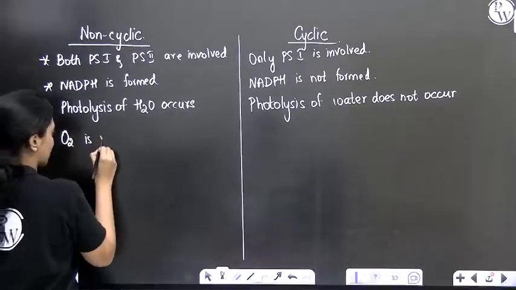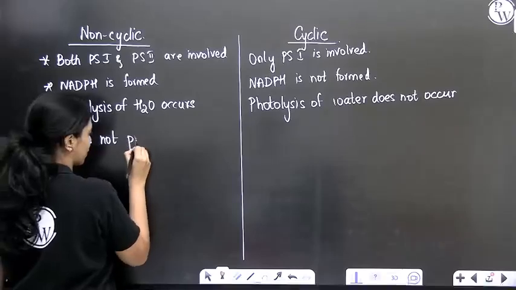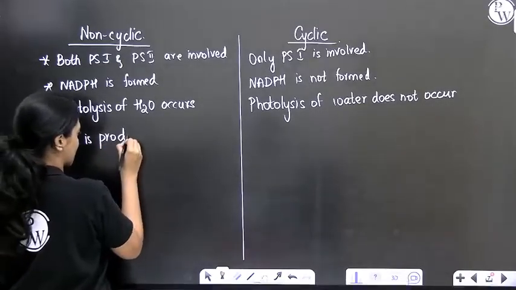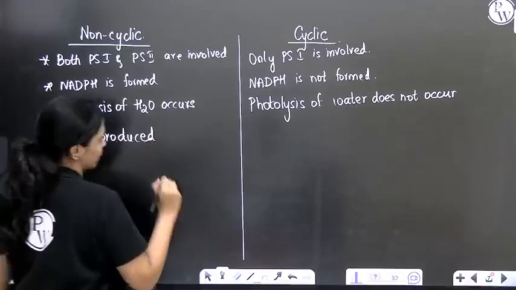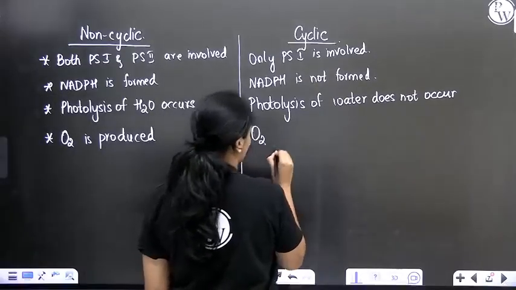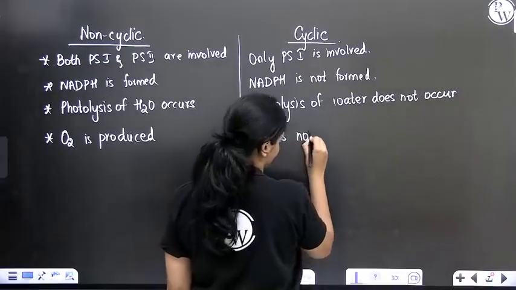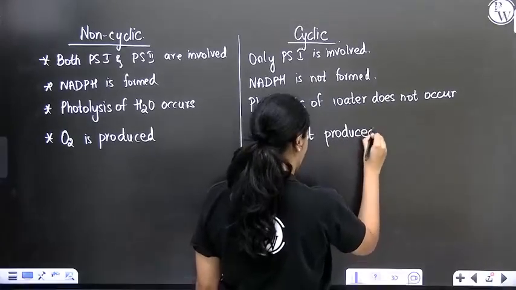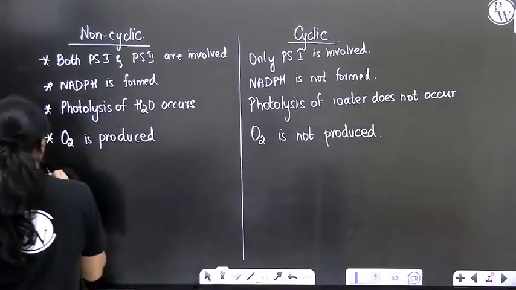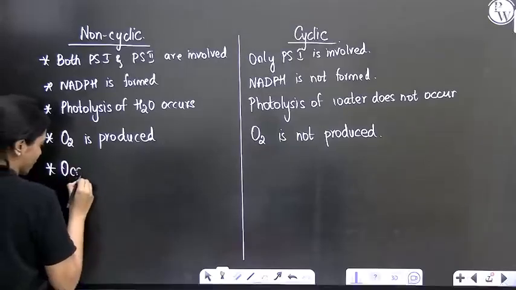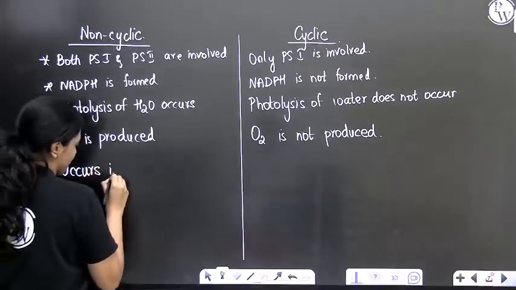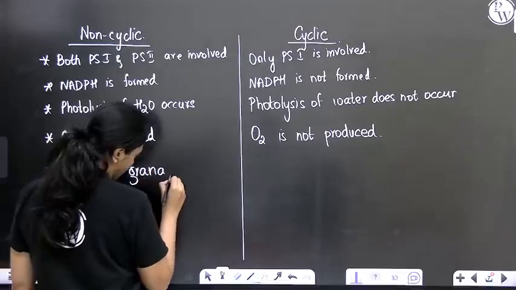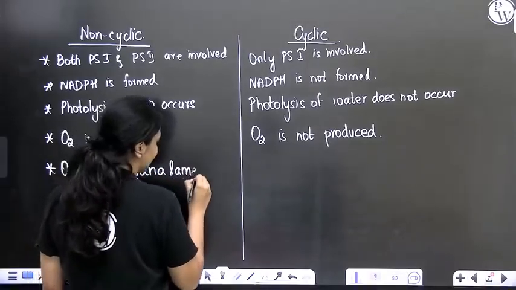Oxygen is produced. Oxygen is not produced. Occurs in grana lamellae.